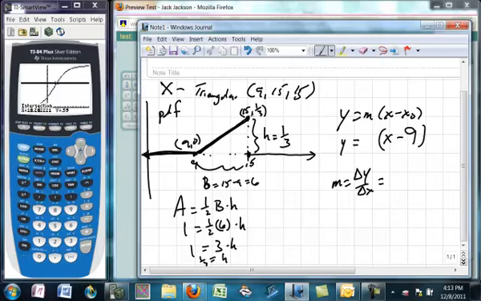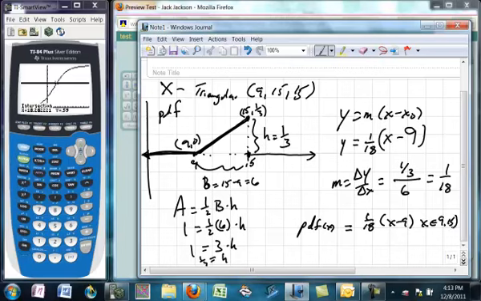Notice we're going to the right 6 and going up 1/3, so the slope is 1/18. So the PDF formula as a function of x is 1/18 times (x minus 9), and this works for x between 9 and 15, and it's 0 otherwise.